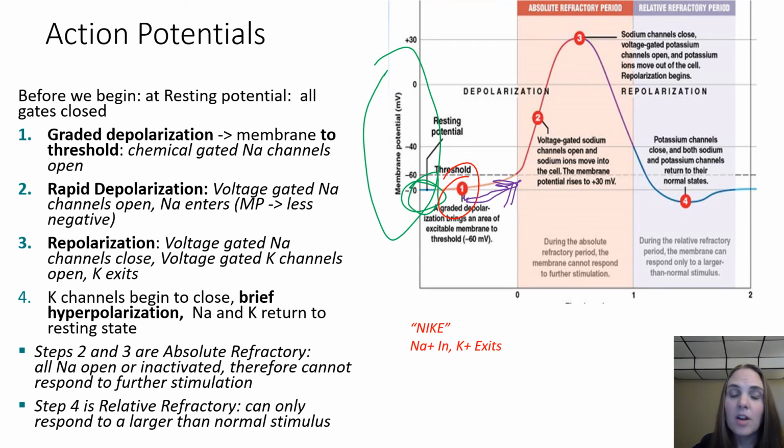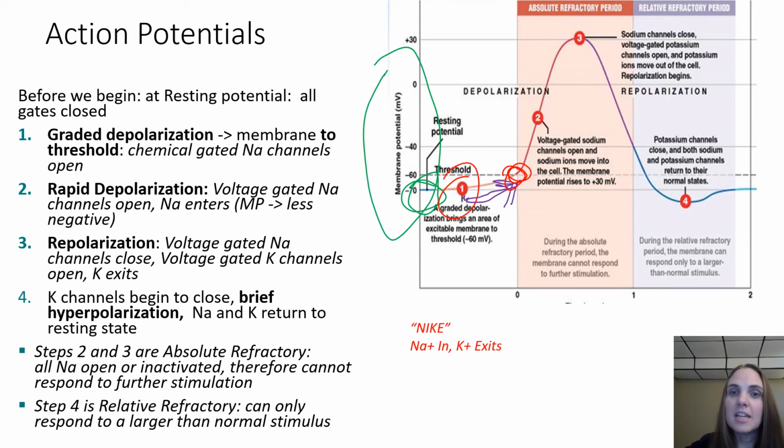So if enough of those sodium ions flow in, if that graded depolarization is large enough to get us to this threshold level around negative 60 millivolts at the trigger zone, then opening of channels occurs on that axon at the trigger zone.